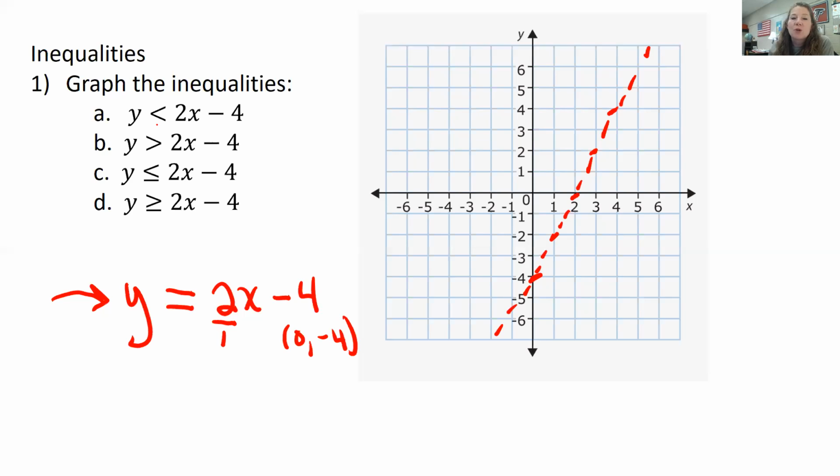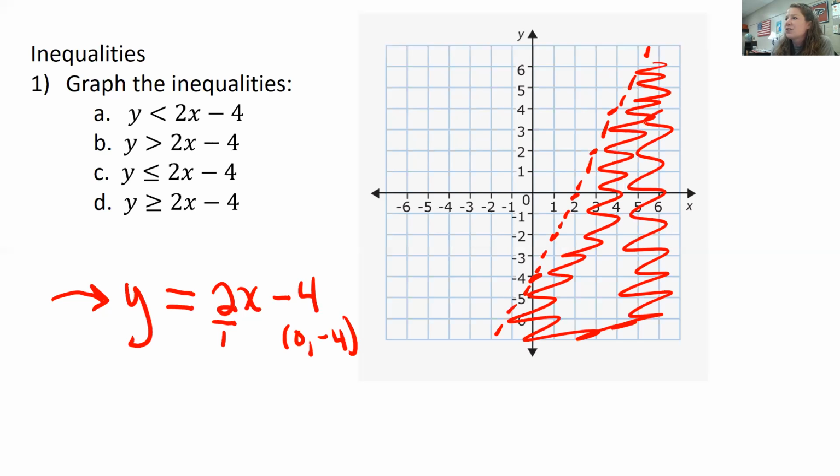If you want a number greater than, you shade up. If you want a number less than, you shade down. Since this is less than, we're going to fill in this section beneath my line.